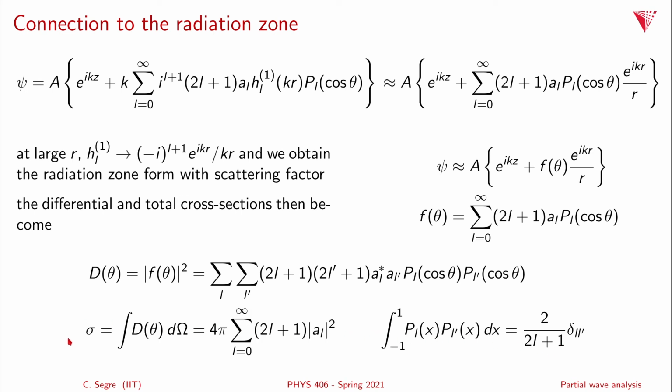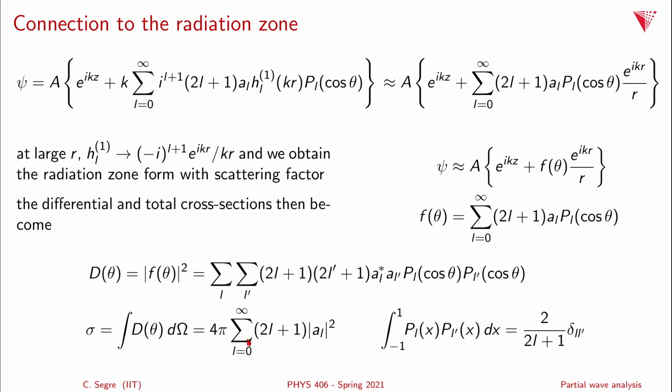And so my total cross-section then, with this simplification, becomes 4 pi, because the integral over phi just gives me 2 pi, times the sum of L equals 0 to infinity of 2L plus 1, because L is equal to L prime.